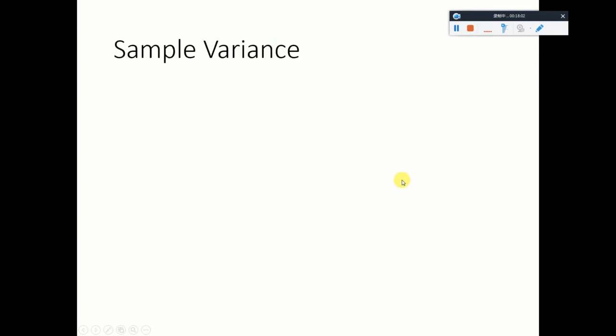Now the second dispersion statistic is called variance. In our case, we'll talk about sample variance. Variance can also be used to describe populations, but in most cases, population variance is calculated slightly differently from sample variance.